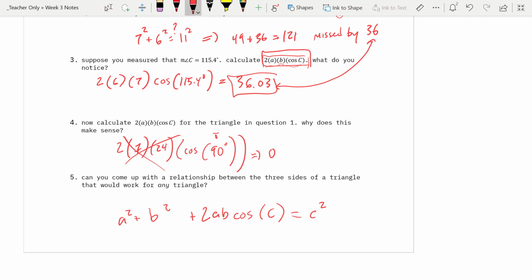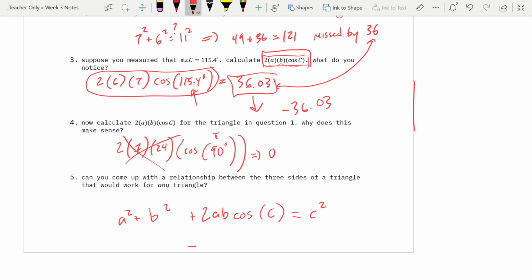We needed to add this, but actually we are going to subtract it because this was a negative 36.03. So subtracting a negative, you can plug this in your calculator and see that this does in fact end up as negative 36.03 because this is in quadrant 2, 115 degrees.